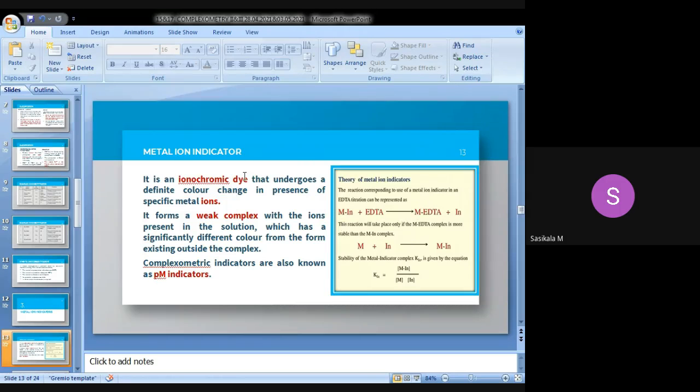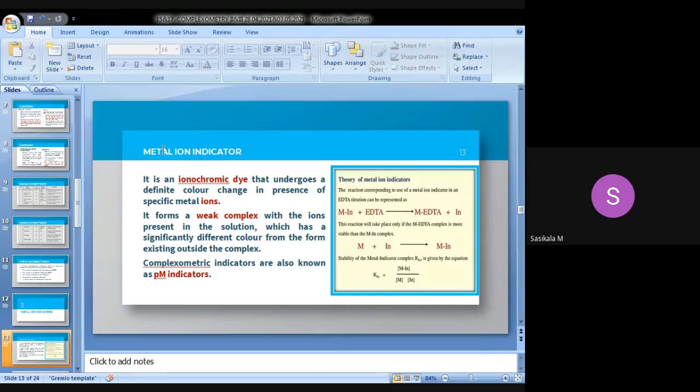Then only we can analyze the compound with the indicator, when the indicator forms a weak complex with the metal ion. It should form a weak complex only with the metal ion, whereas the metal ion forms a strong and stable complex with the titrant. Titrant is what? EDTA in the complexometric method.